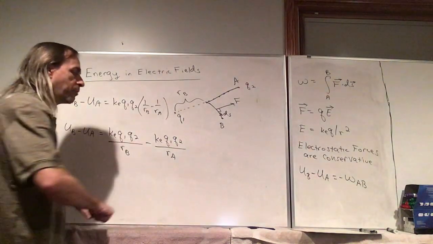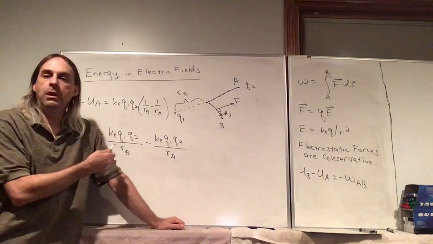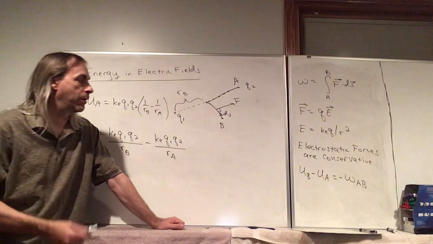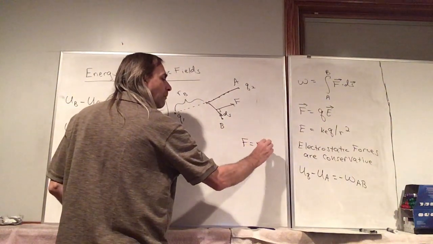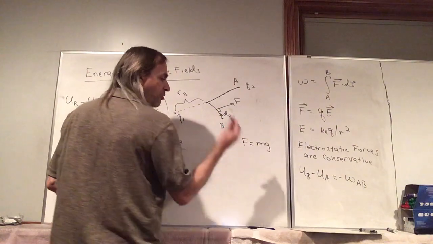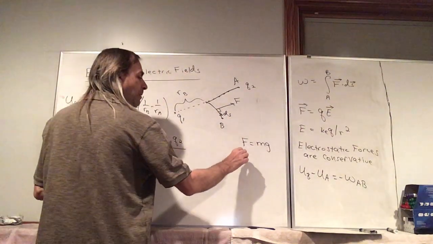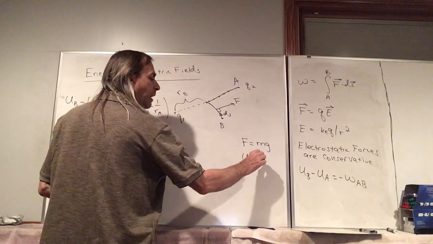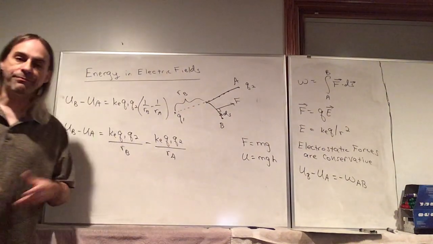That's probably the easiest one to deal with, particularly if we deal with gravity near the surface of the Earth. So if our force of gravity is just mg, it's a constant, then you might remember the potential energy in a gravitational field is mgh.